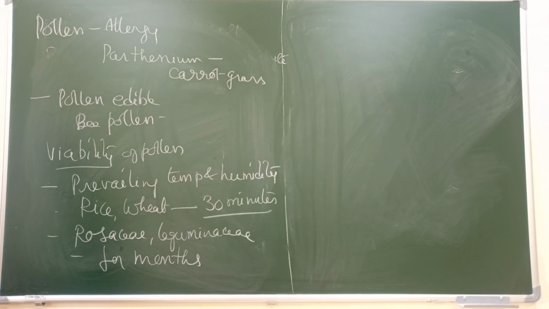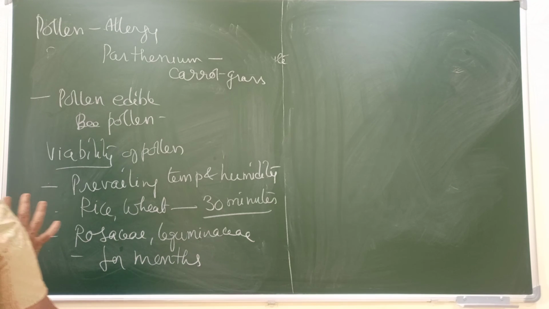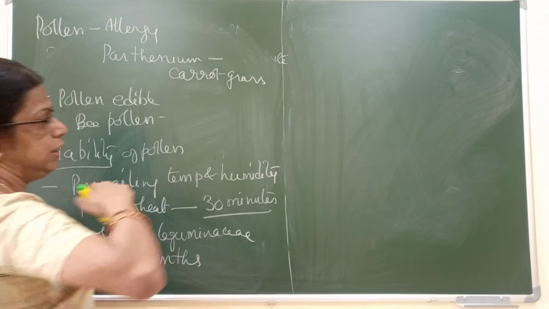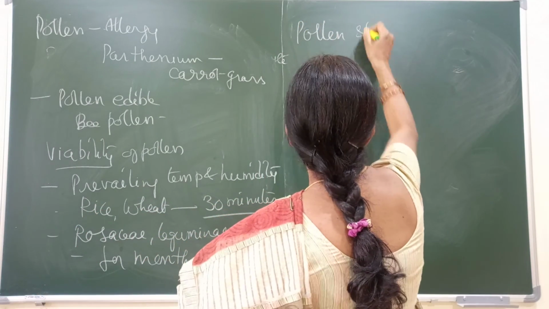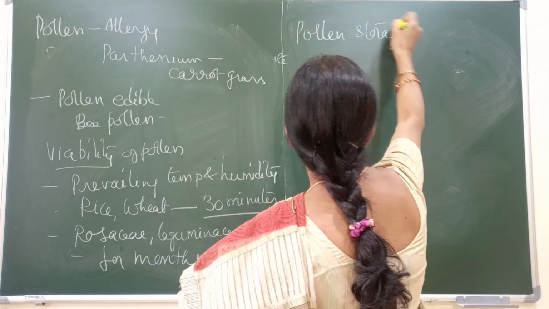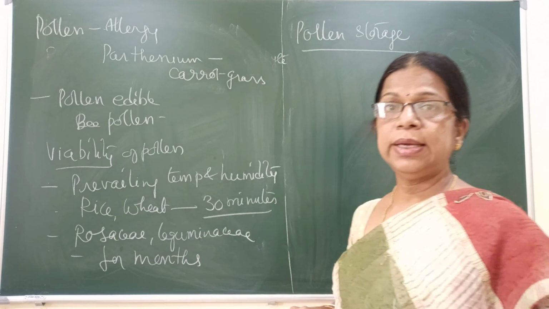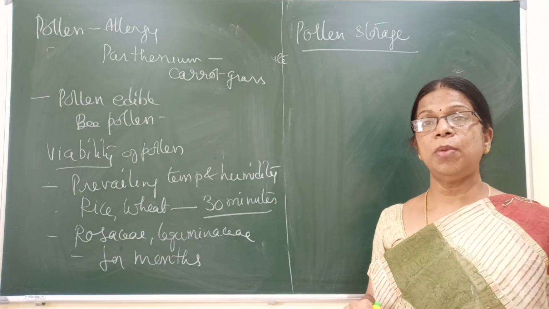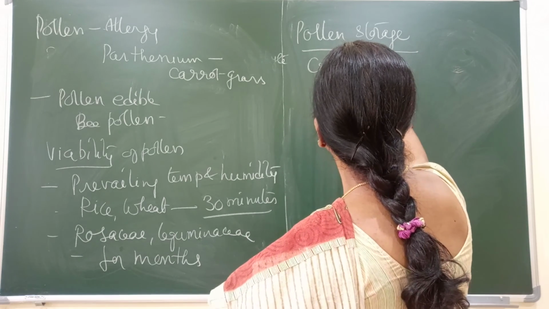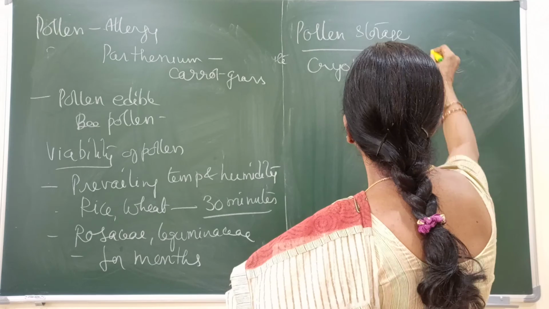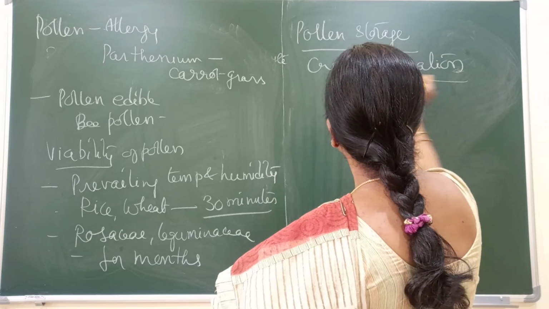The next point is how the viability period can be increased, which comes under pollen storage. Pollen can be stored by different methods. The most common method is called cryopreservation.